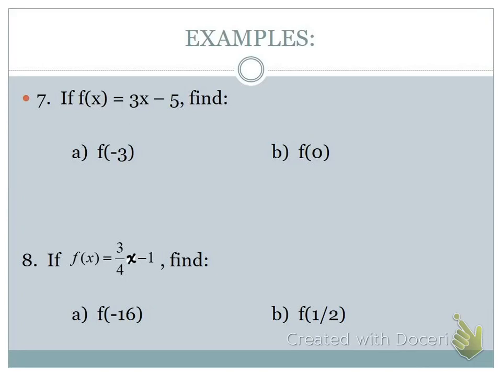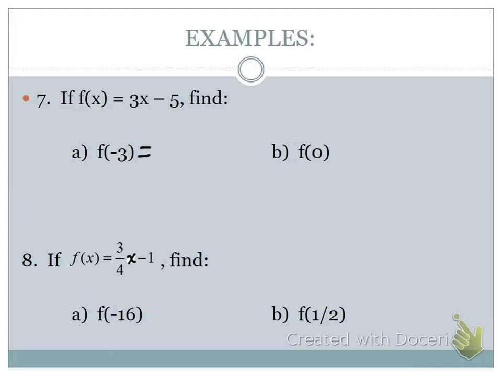All right, back up to 7. So we have the function f of x is equal to 3x minus 5. Find f of negative 3. What do you think we're going to do with this negative 3? Plug it into the x. Okay, so instead of a function in terms of x, we want the function evaluated at negative 3.